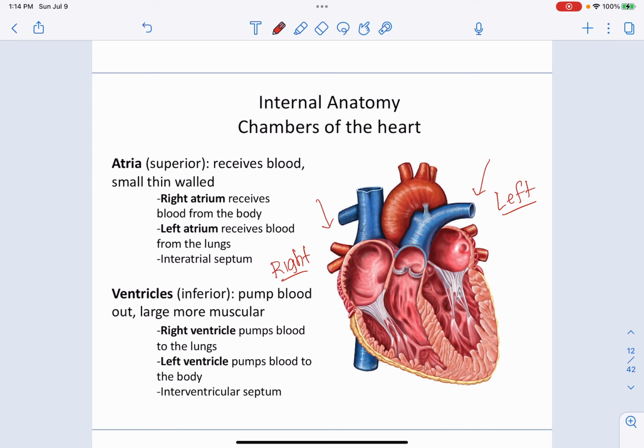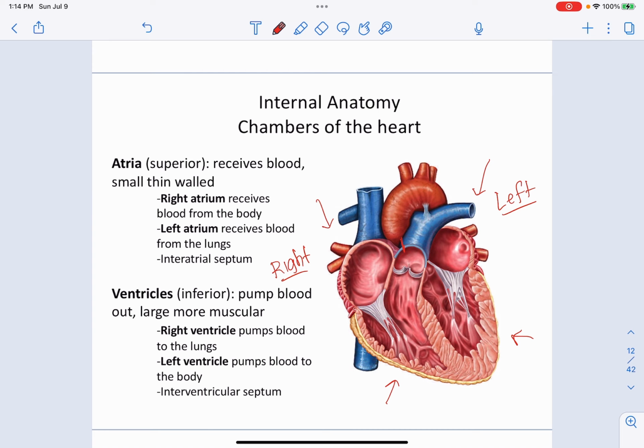In between, and it's kind of hard to see because of this pulmonary artery right there, in between the atria is something called an interatrial septum. So that's separating the walls of the left and the right atria. The ventricles are below. They are much bigger. They are going to be pumping blood out, so they tend to be a little bit more muscular.